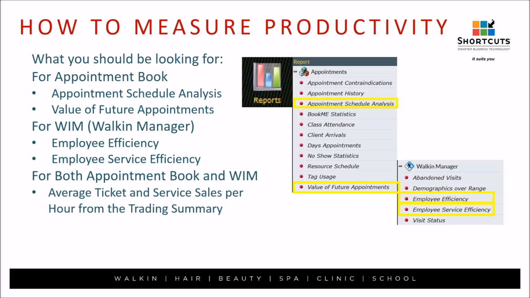If you're using Walk-in Manager, so if you're using that particular license version, you'll have the employee efficiency report that you want to look at, and also the employee service efficiency. If we have any clients listening that are using both the appointment book and the Walk-in Manager, you'll also want to take a look at the average check and service sales per hour from the trading summary. That's located underneath the end of day category in the reports area, and trading summary is the name.